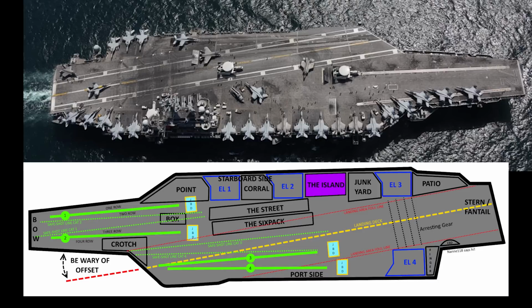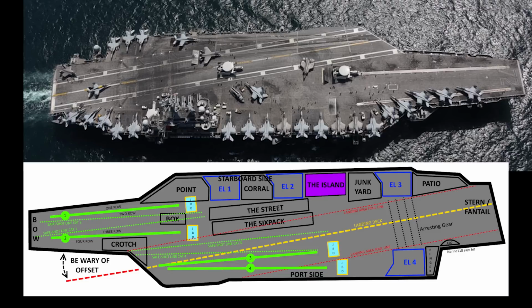All your JBDs are the ones in light blue. The point is on the starboard side of the ship, and the point is your first area of parking. All the blues are your elevators, so elevator 1, 2, 3, and 4. The corral is the parking spot between elevator 1 and 2.